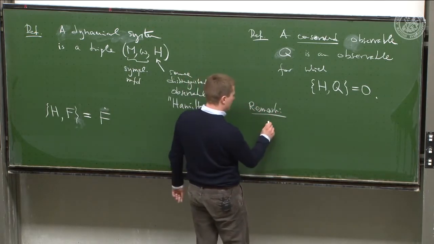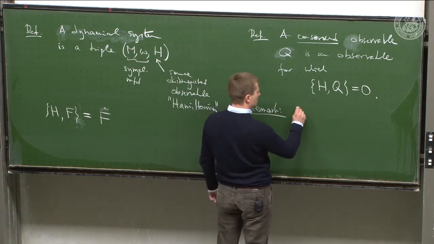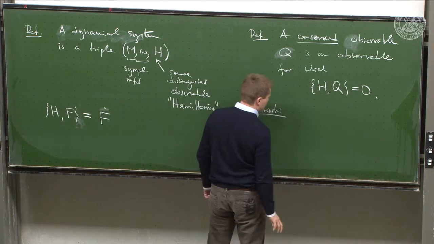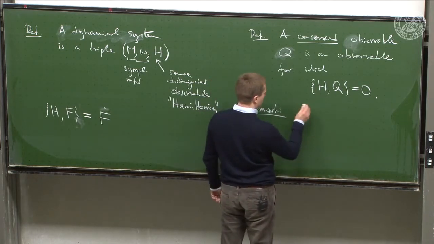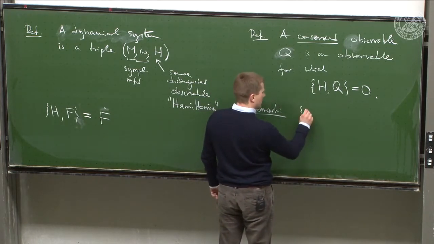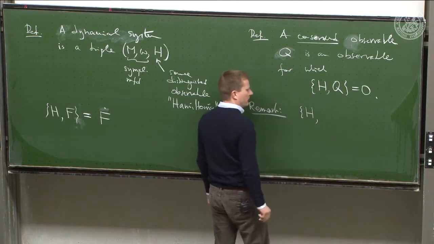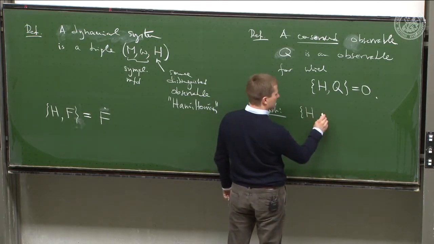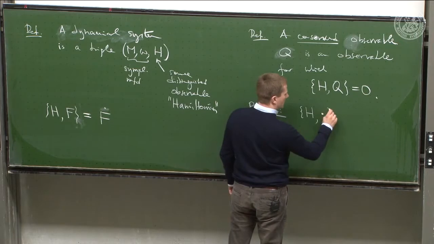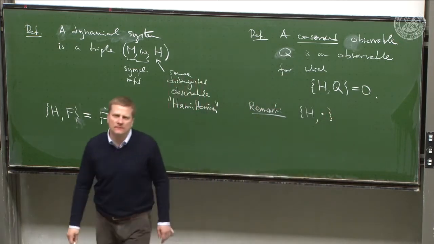In classical mechanics, sometimes one defines the Liouville operator with respect to an observable, or anyway, it's the Poisson bracket of an observable, say the Hamiltonian. It doesn't need to be the Hamiltonian, it could be any other one, with an open slot.